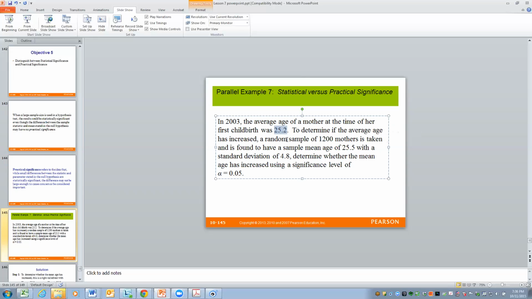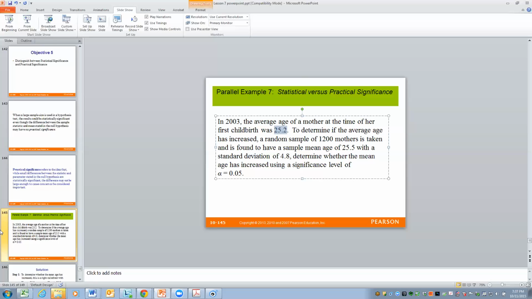That's probably not going to cause us to make any changes in our recommendations for health considerations or anything where we're advising the first-time mother on what might be considered normal for their pregnancy based off of their age.